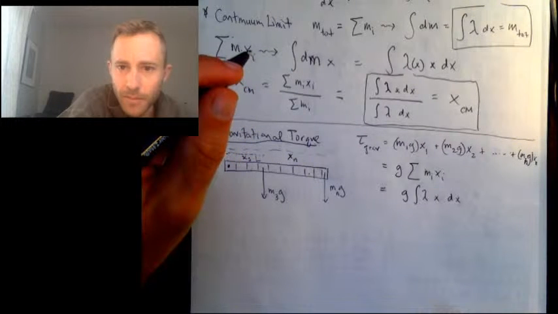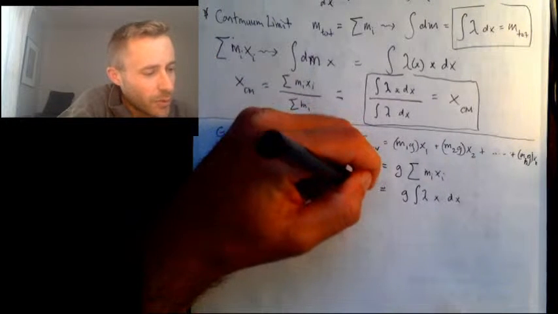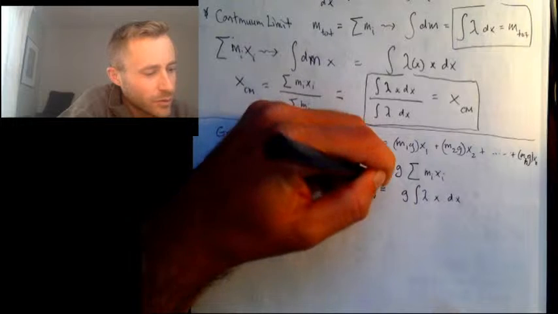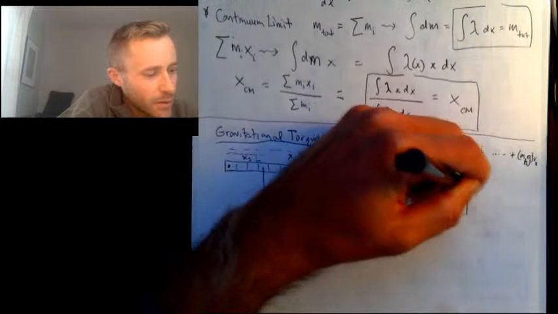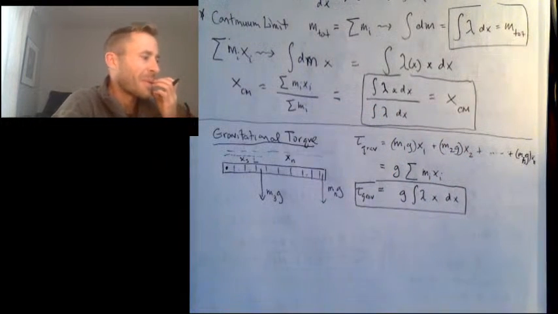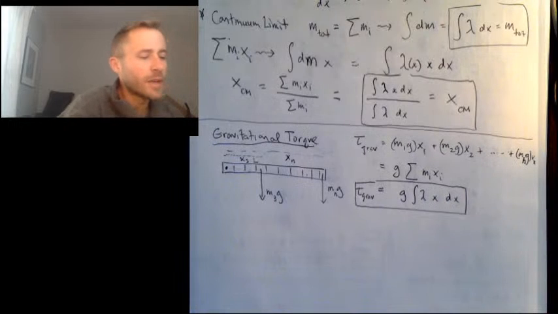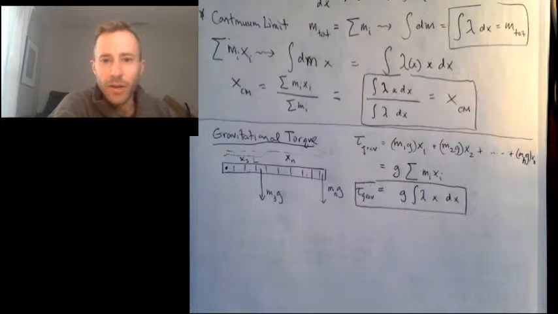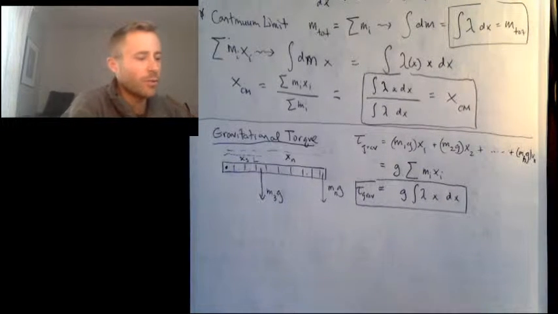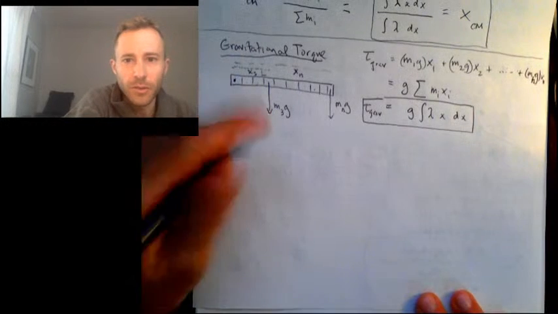So this is a formula for the gravitational torque. But I'm going to write this in a slightly different way, which I think is a little more illuminating.